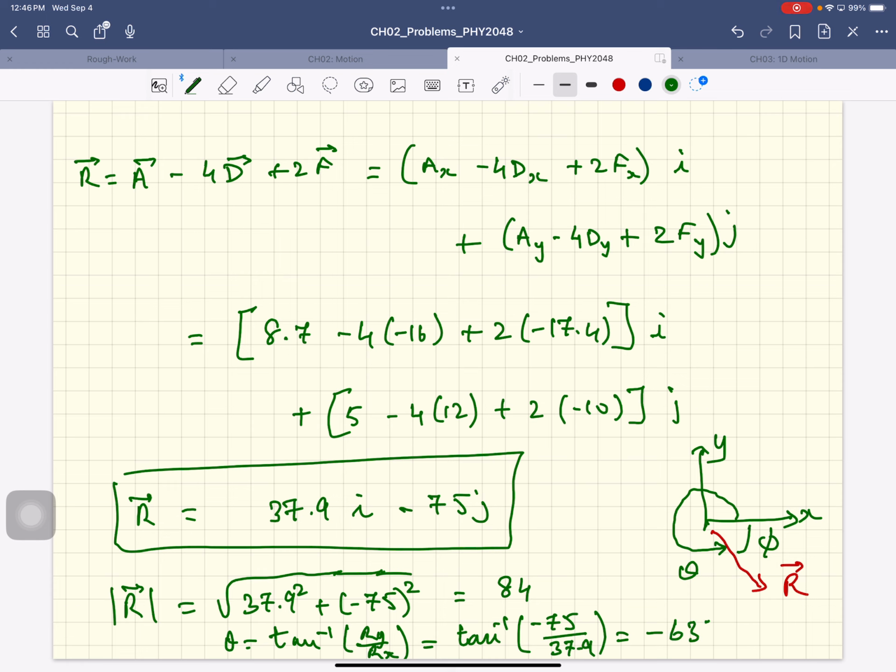Okay, so what we have found is phi, and this is the solution. So minus 63.2 degrees.